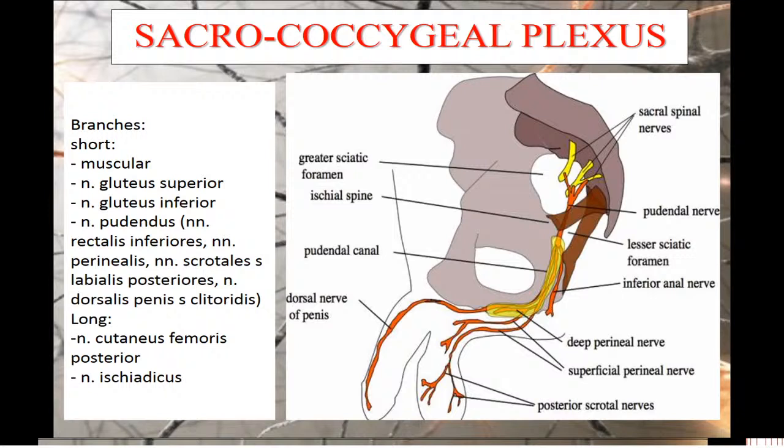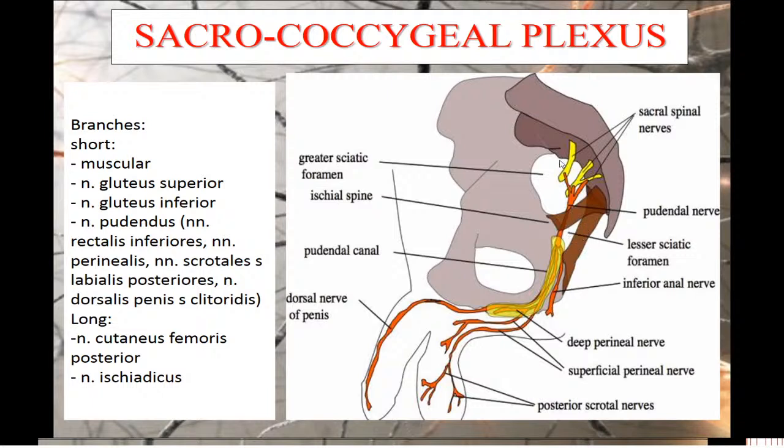And before we describe these branches, we'll remember something about the topography of the pelvic region. I hope you all remember that in osteology we studied two notches, the greater sciatic notch and lesser sciatic notch, which are transformed by two ligaments, the sacrospinous and sacrotuberous ligaments, into the corresponding foramina, greater sciatic foramen and lesser sciatic foramen.